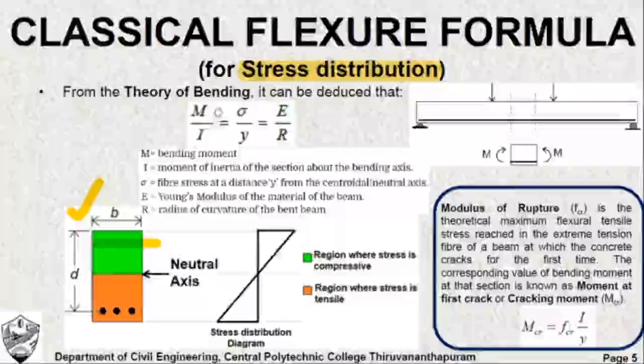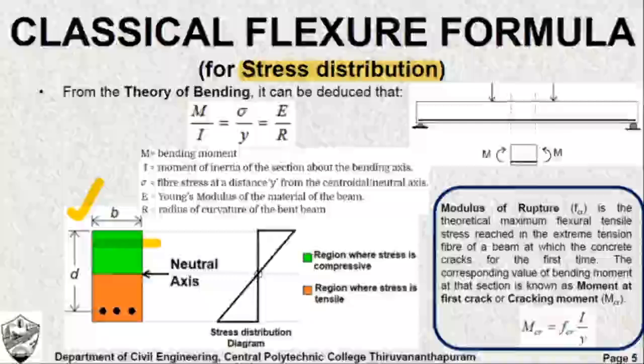And what this equation gives is that sigma is proportional to y, because M is constant and I is constant at any particular section. When you substitute y equal to 0 here, you get sigma equal to 0, which means at the neutral axis there is no stress.